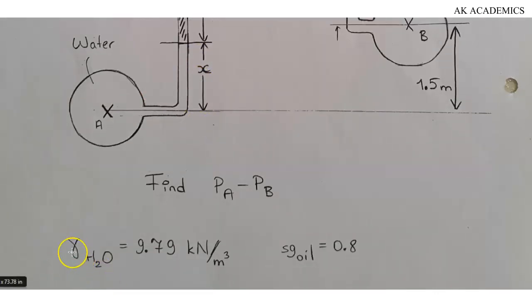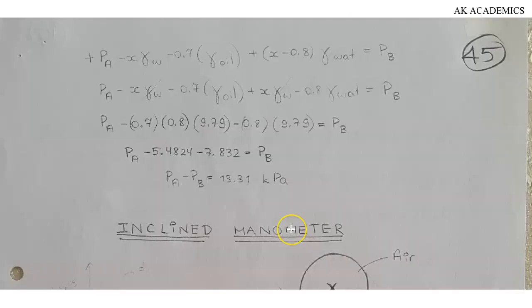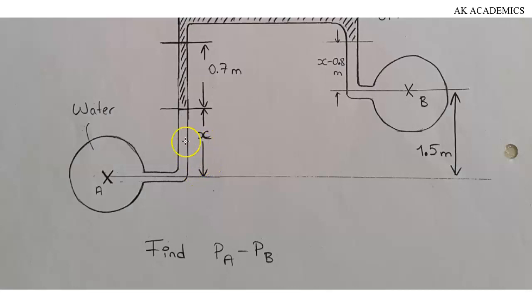We have been given the specific weight of water. This time around, specific weight of water is given as 9.79 kilonewtons per cubic meter. And of course, we have the specific gravity of oil as 0.8. So, looking at our question, what you will find is that we have plus PA minus pressure of water based on this height.